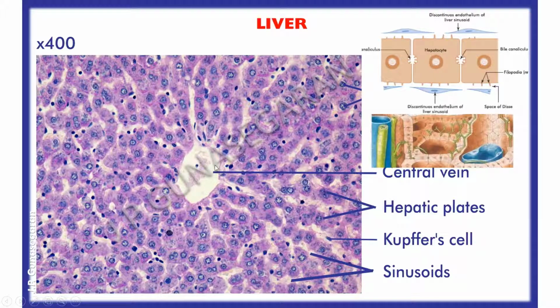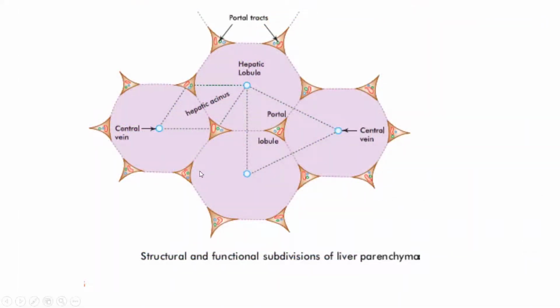The blood from the central vein goes to subhepatic vein, from there to the hepatic vein, and finally drains into the inferior vena cava. This slide shows the structural and functional subdivisions of liver parenchyma.